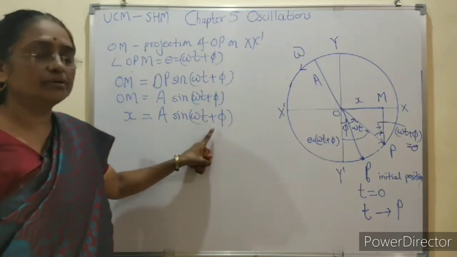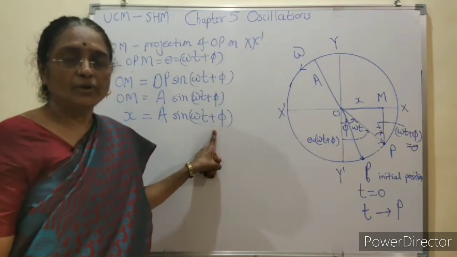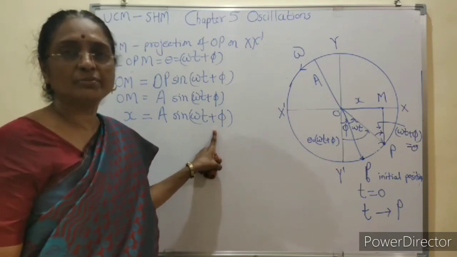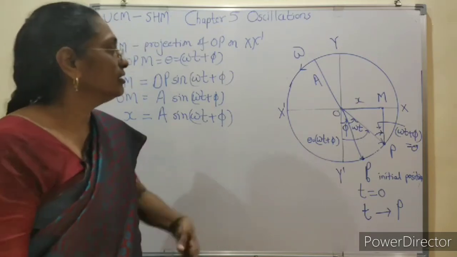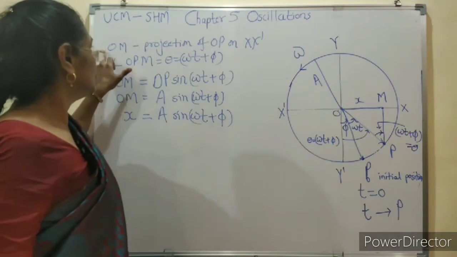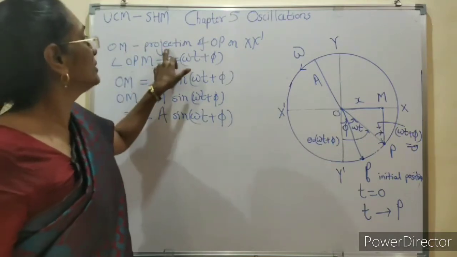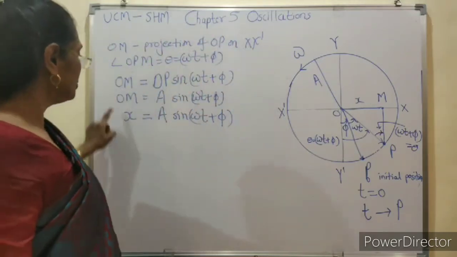This relation we obtained by the calculus method when we derived the displacement of a particle performing SHM. Here, by geometry, x is denoted by OM. It represents the projection of OP on XX dash. Its magnitude is x.